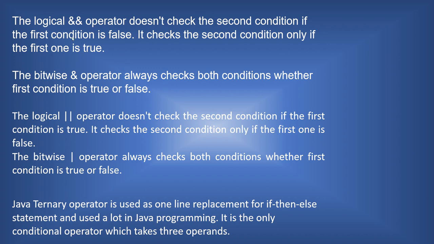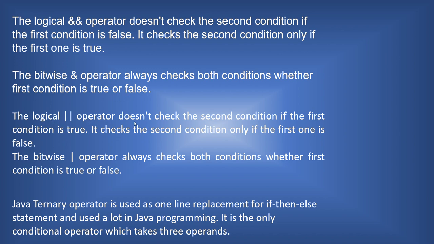Then the logical AND operator does not check the second condition if the first condition is false. It checks the second condition only if the first condition is true. Then the bitwise AND operator always checks both conditions, whether the first condition is true or false.